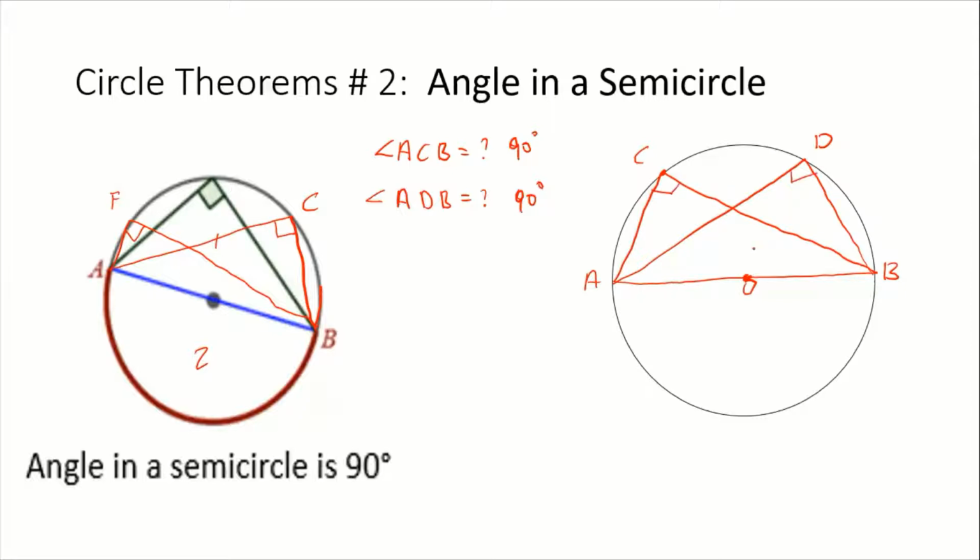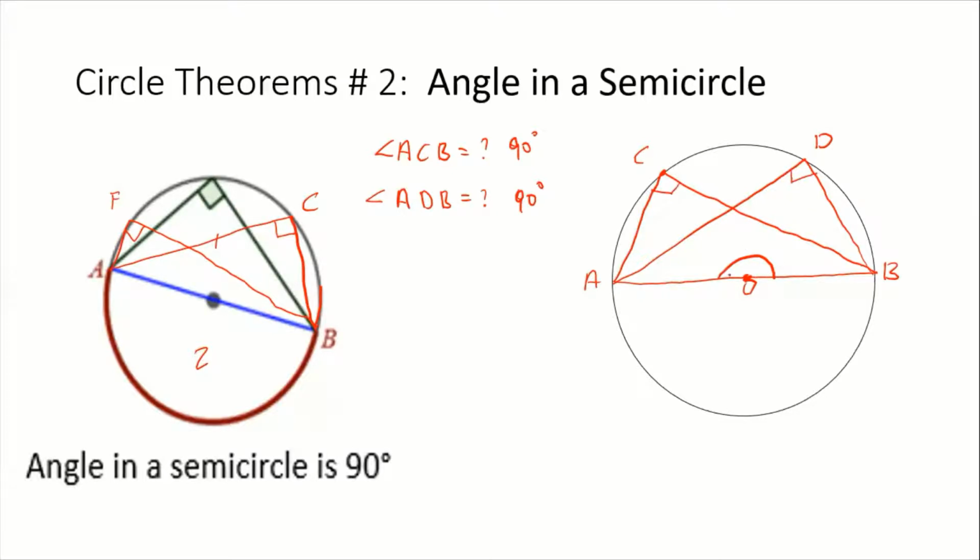And as you can see here, this rule is a special case of the first one. If you look at the center O here, the angle that is at the center O is on a straight line. So therefore, this angle has a measure of 180 degrees.